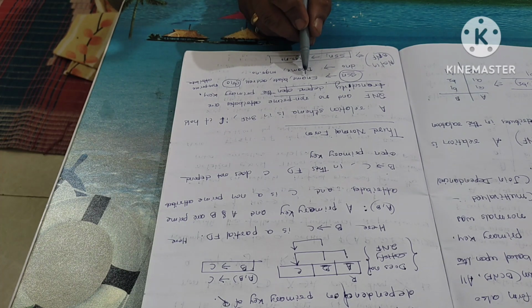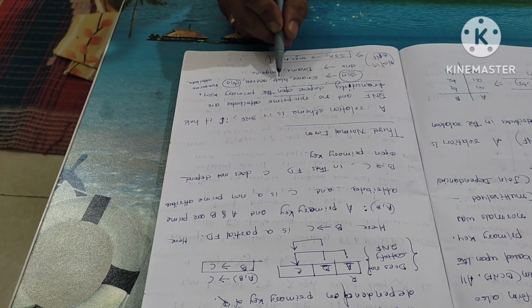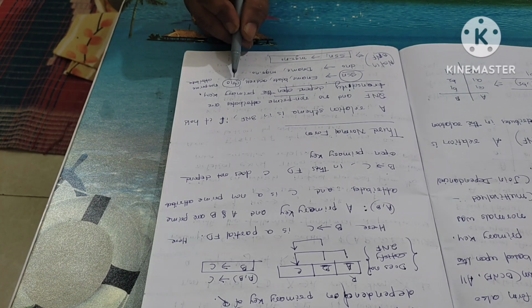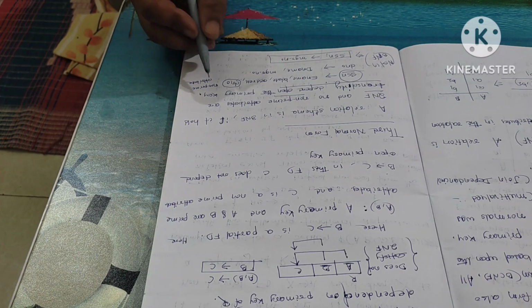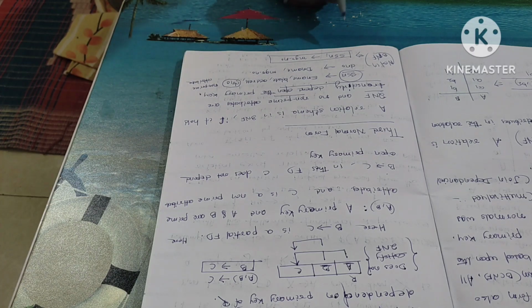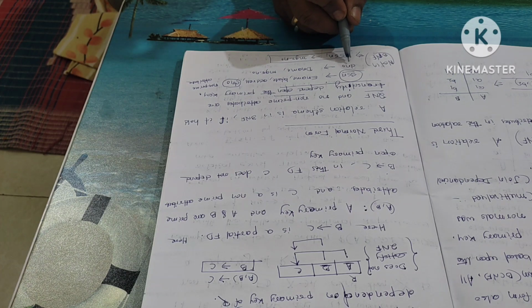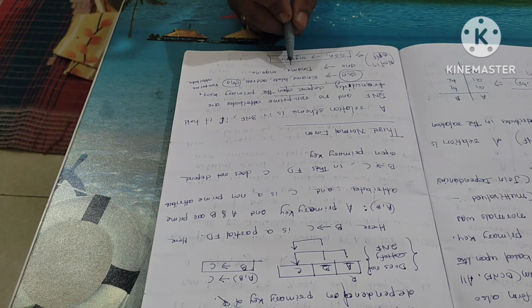Let me explain that employee name, birth date, address, and department number are all non-prime attributes. So we have another functional dependency: department number determines department name and manager number. So here there exists a transitive dependency.